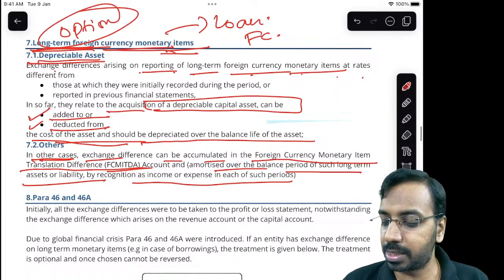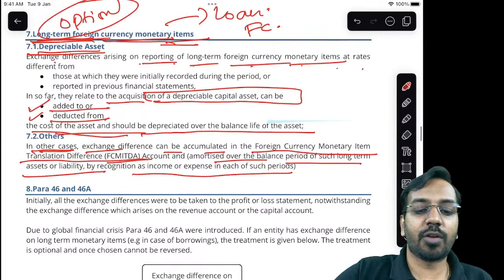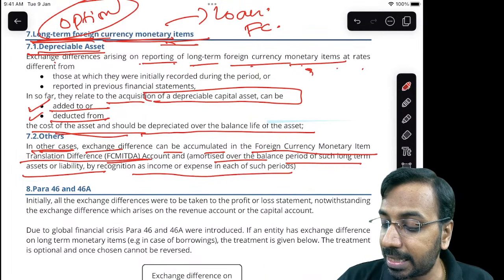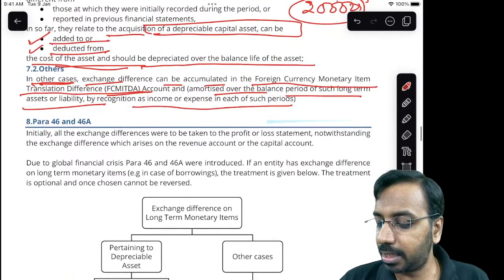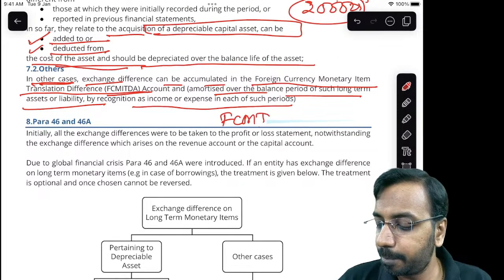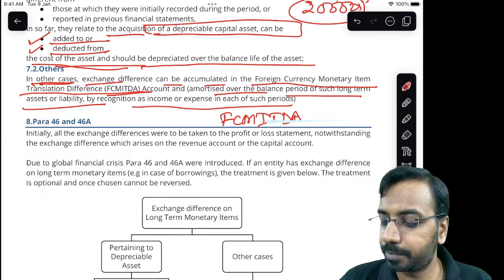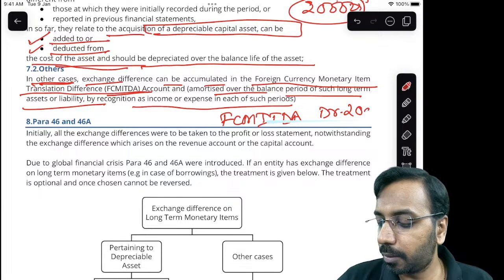But what it basically means is, if it is for a depreciable asset, you can add that 20,000 of loss to the PPE. If it is not a depreciable asset, you take the FCMITDA account, you will debit it by 20,000.